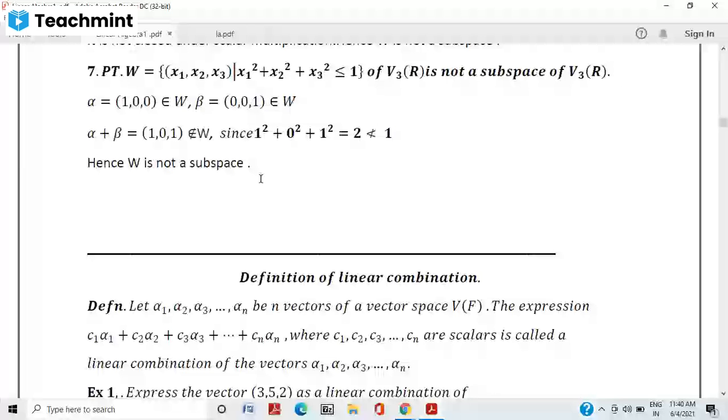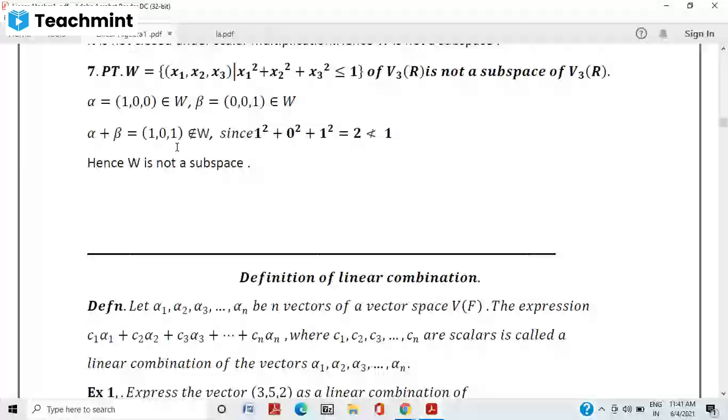How have we taken it? Here it is given as x1 square plus x2 square plus x3 square less than or equal to 1. For that, what have we taken? Alpha is (1, 0, 0). Beta we have taken (0, 0, 1). Both satisfy the condition x1 square plus x2 square plus x3 square less than or equal to 1. Find alpha plus beta.